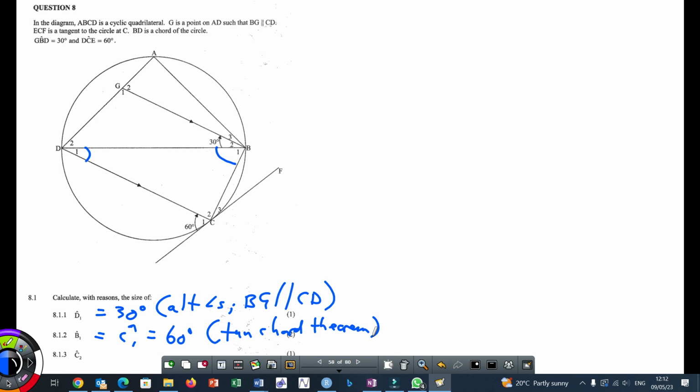And then C2, C2 is equal to what? What's your reason for it being 90?